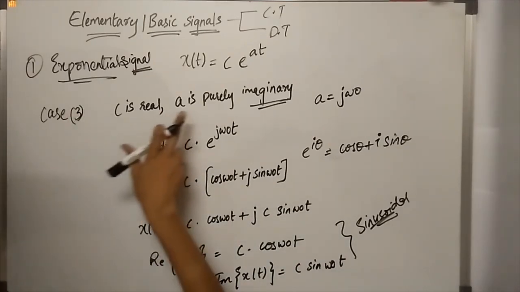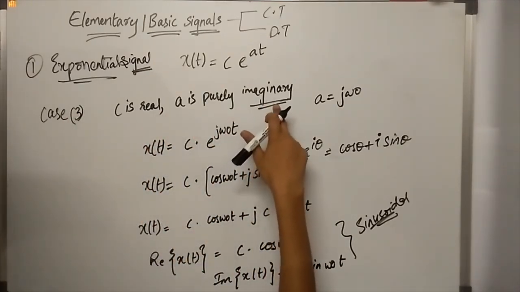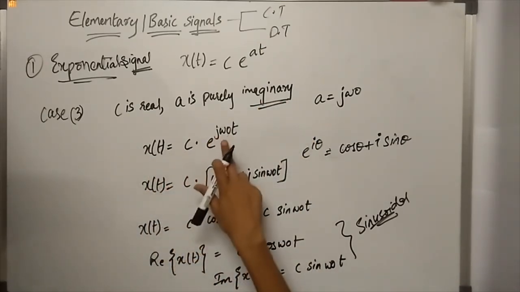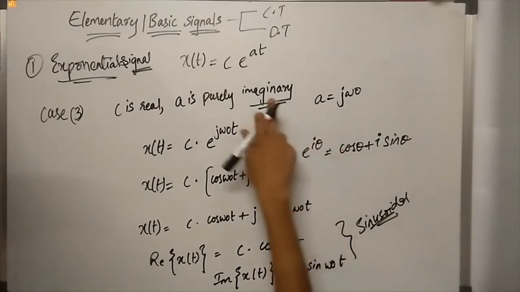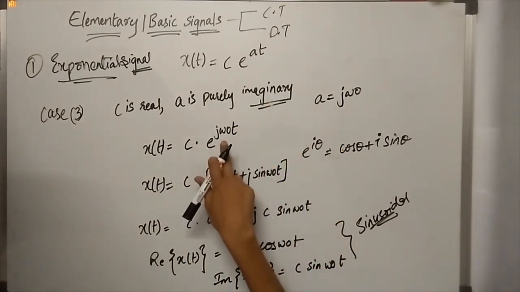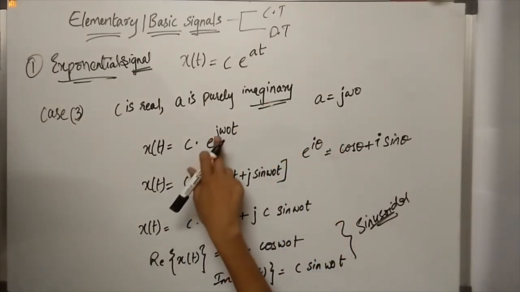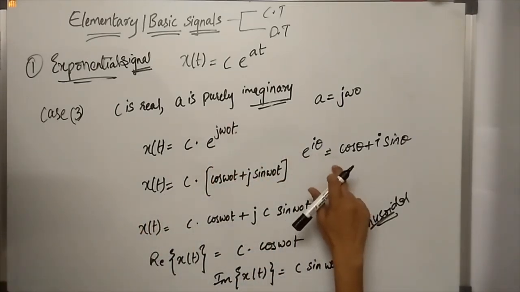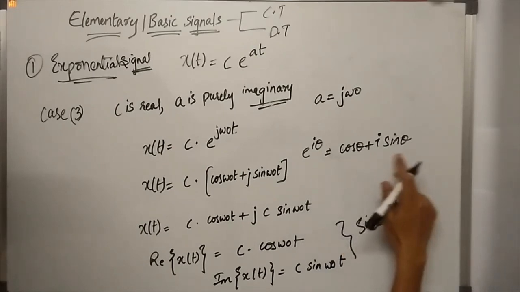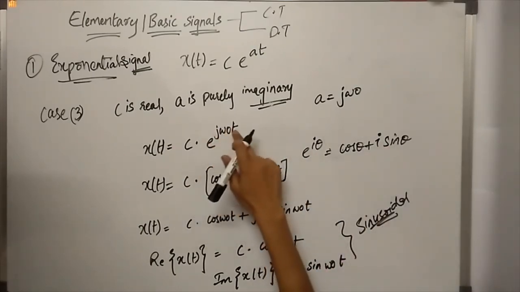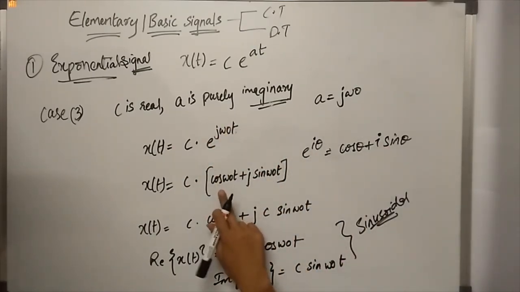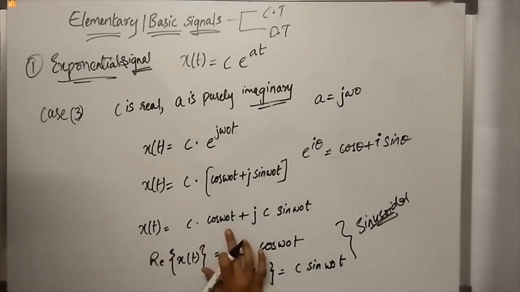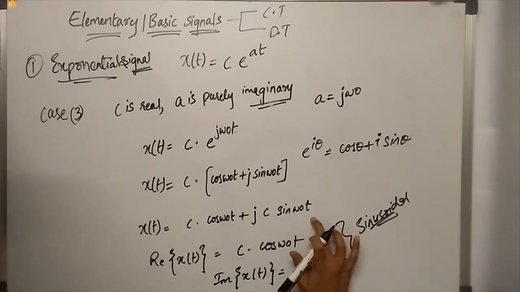When C is real and A is purely imaginary, we have seen that x of t is nothing but C e power of j omega naught t, as A is imaginary. And x of t can be represented according to the formula e power of j theta is cos theta plus j sin theta. So we can represent x of t as C cos omega naught t plus j C sin omega naught t.